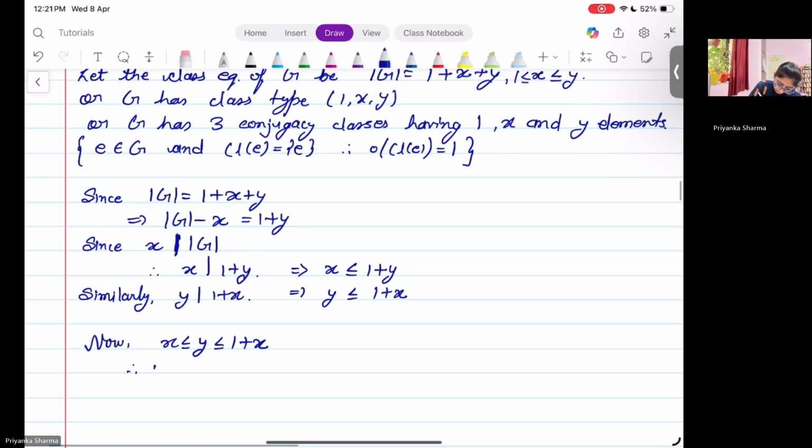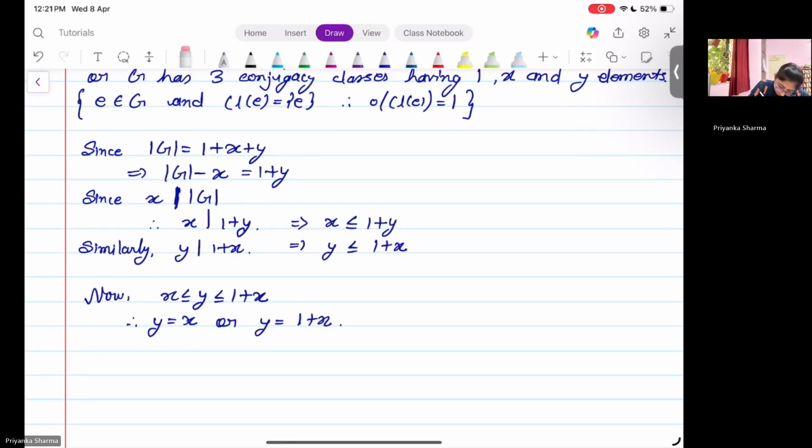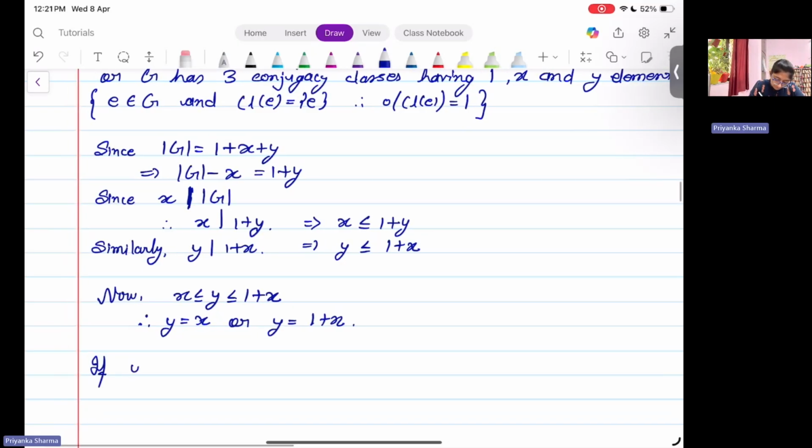So y can be either x or y can be 1 plus x. There are no other possibilities for y. Now we deal with them one by one.